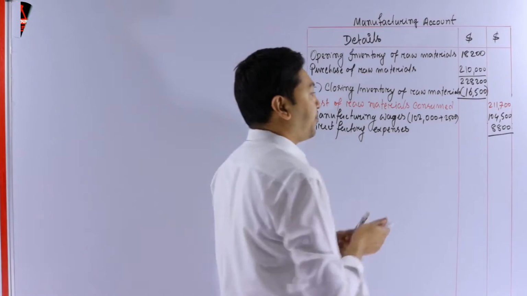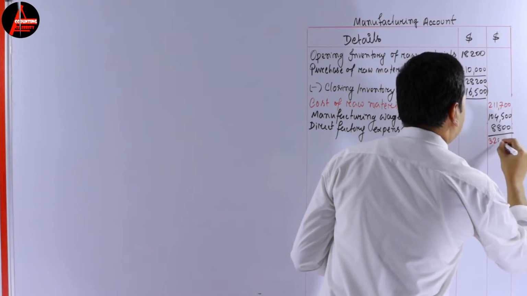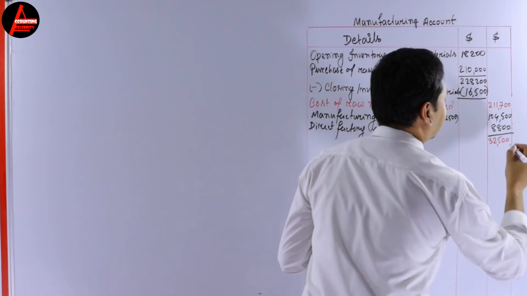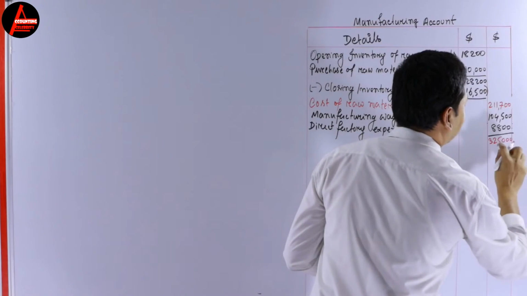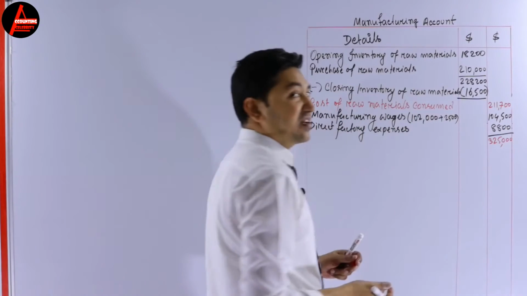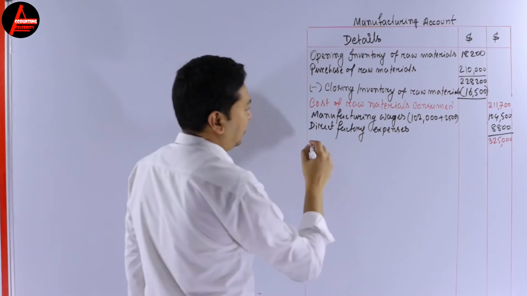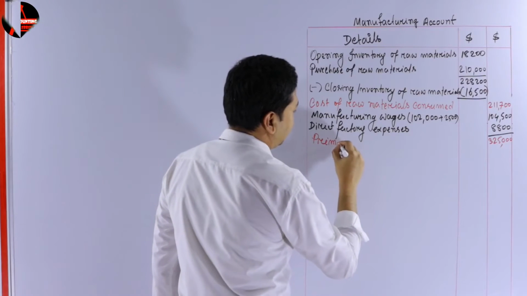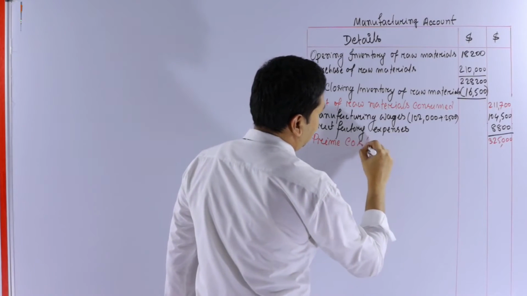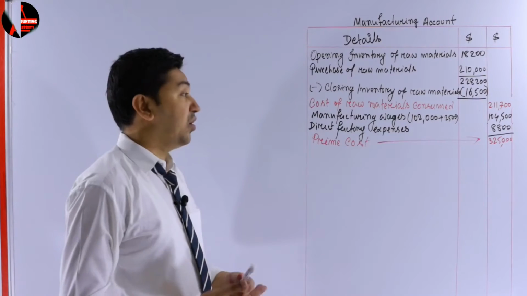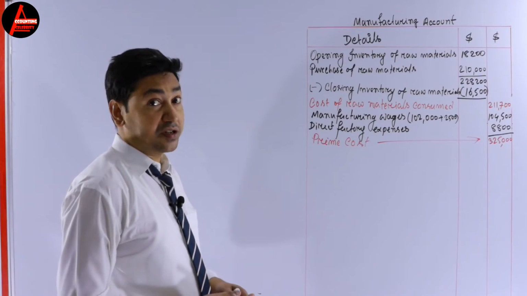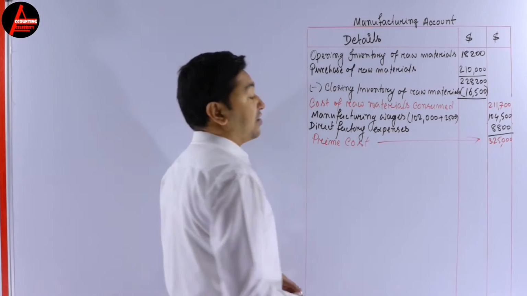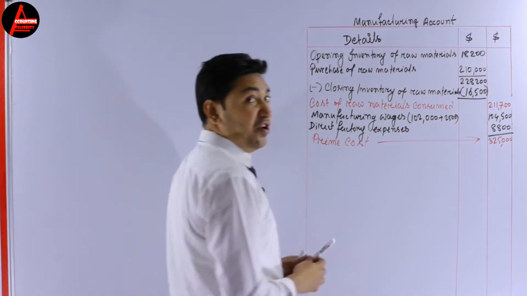It is $325,000. So what is this value called? This is called prime cost. To calculate our cost of production, we need to add our factory overheads to this value.